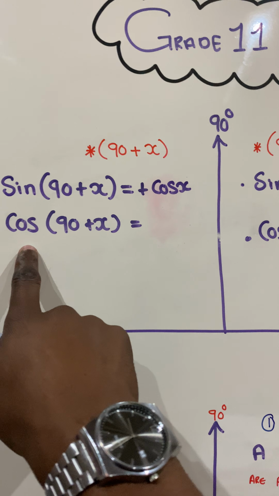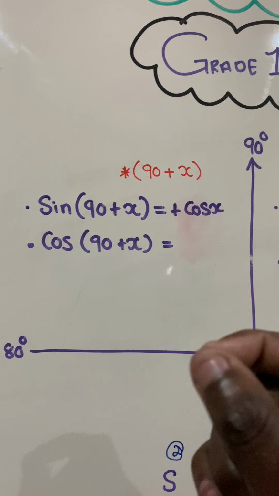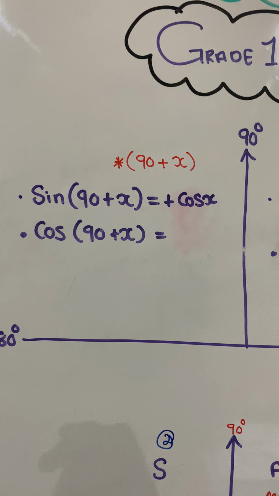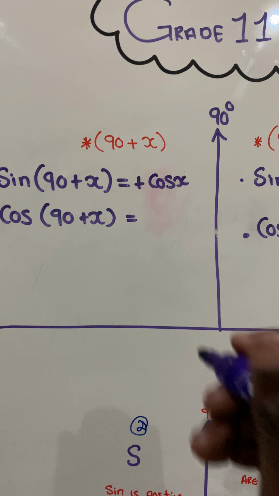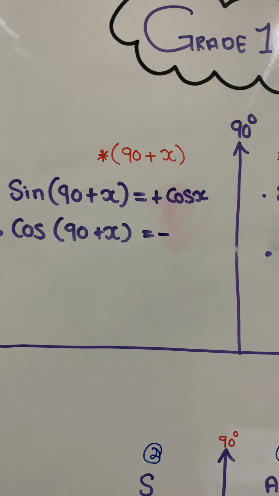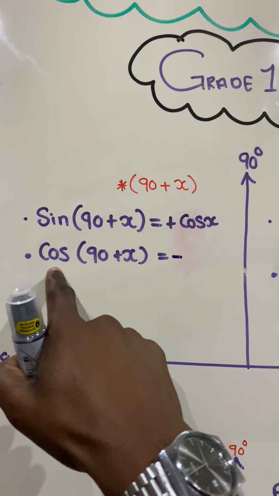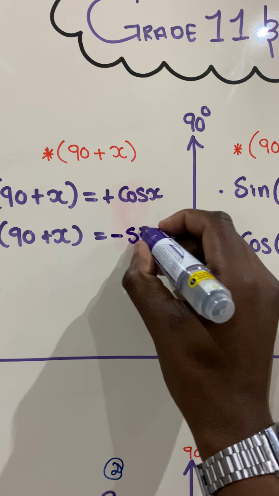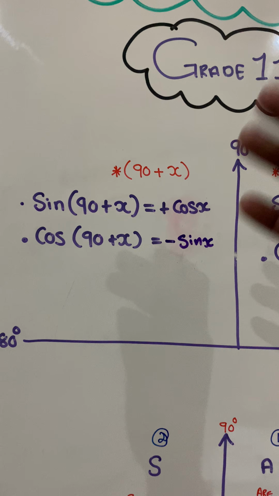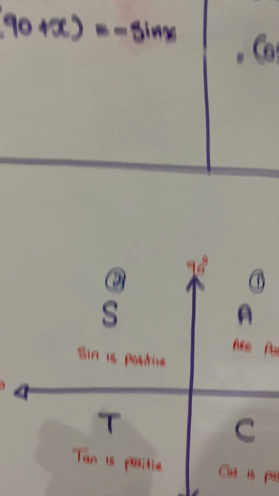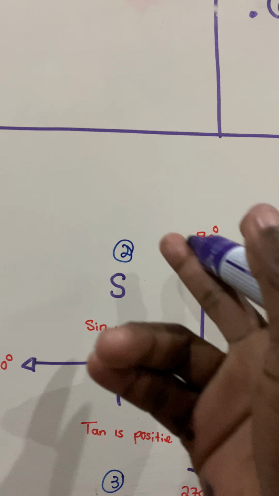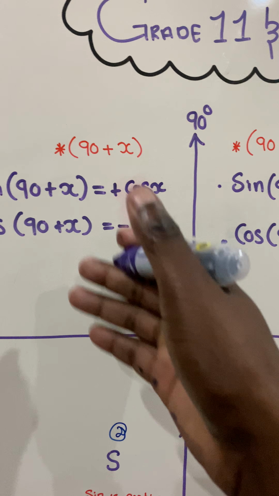What if you're given cos of 90 plus x? Now you ask yourself, in the second quadrant, is cos positive? No, cos is negative. So you put the negative there, and then we do the exchange. We exchange the cos for a sin x. And this is normally confusing for students because, why would sin be negative in its own quadrant?